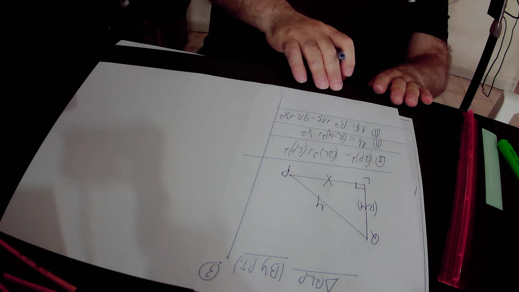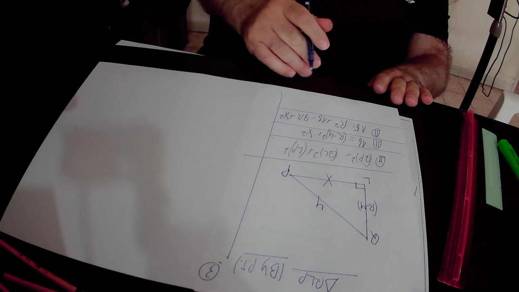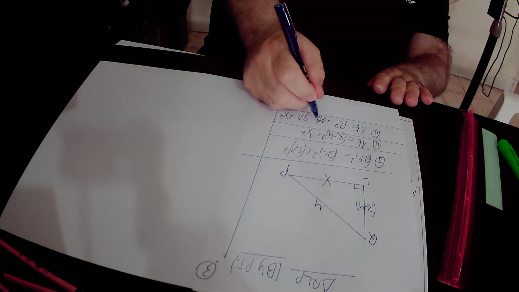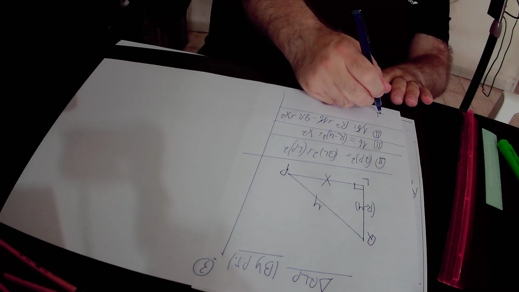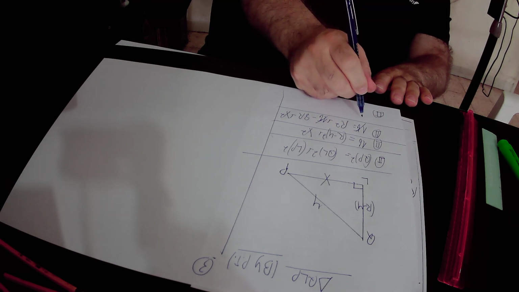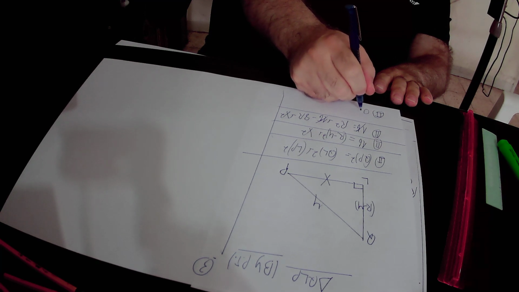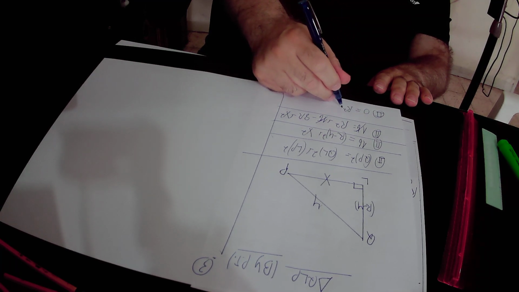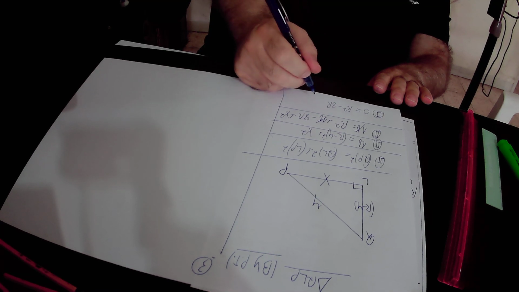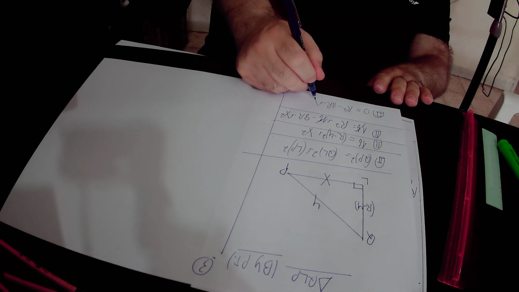Here we have 16 on both sides of equation number 2, so 16 will get cancelled. So what is left from equation number 2 after we cancelled 16? On this side of the equation nothing is left, so we have 0, that is equal to R square minus 8R plus X square.